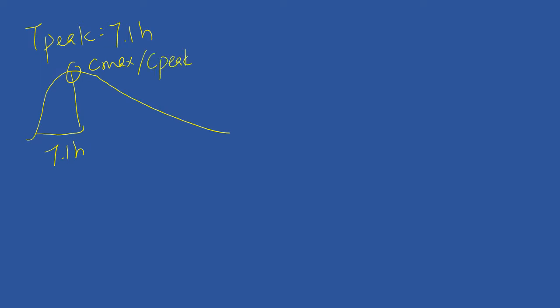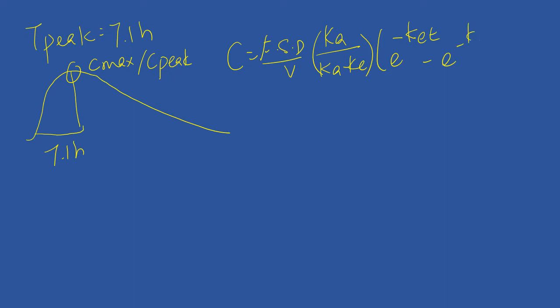The equation is actually the same, but just let me write it down again so you can follow my steps carefully. e to the power of minus Ket minus e to the power of minus Kat. Over here, you need to substitute the t using the 7.1.